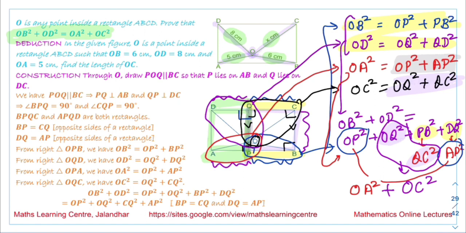So the result we reach is that OB square plus OD square is equal to OA square plus OC square, and this is what we have to prove.